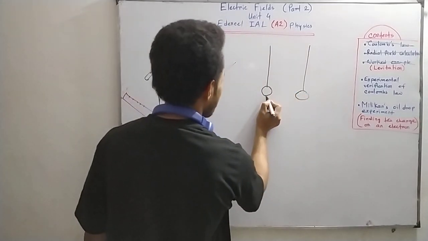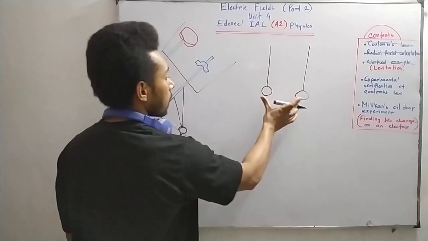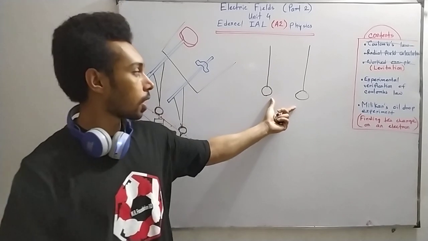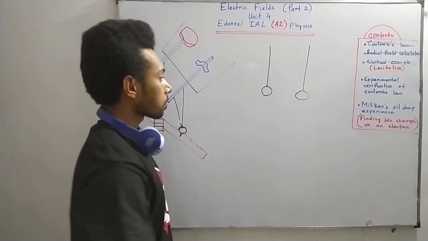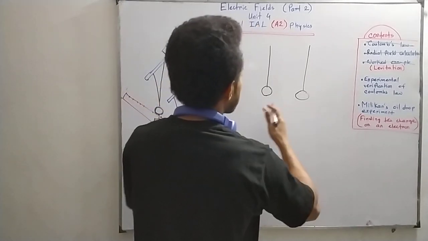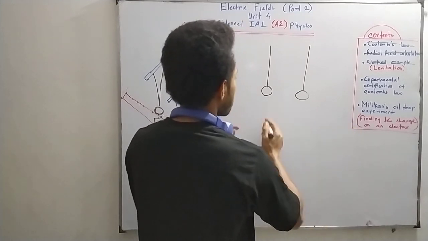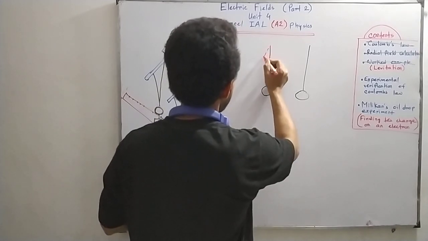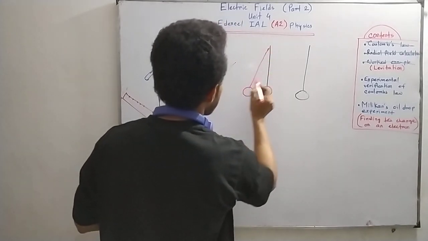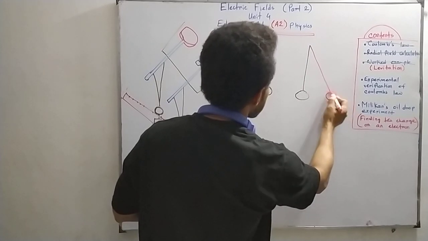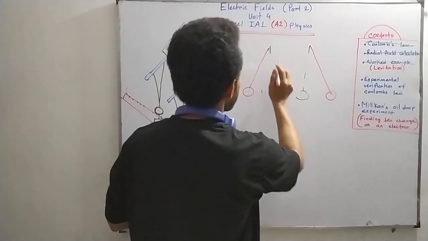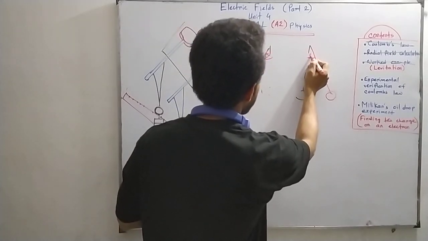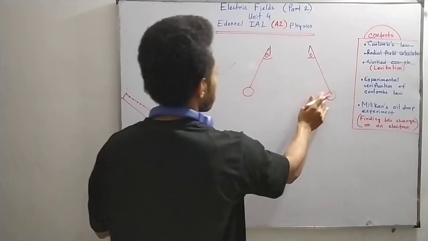Since they are neutral, they will not repel or attract each other. If they are charged, then they will repel each other, and because of the repulsion you see it like this. This is the angle theta, deflected from the original position.